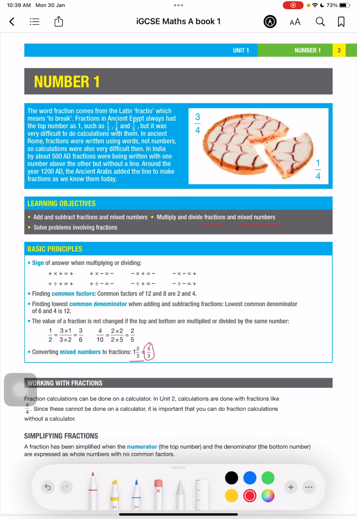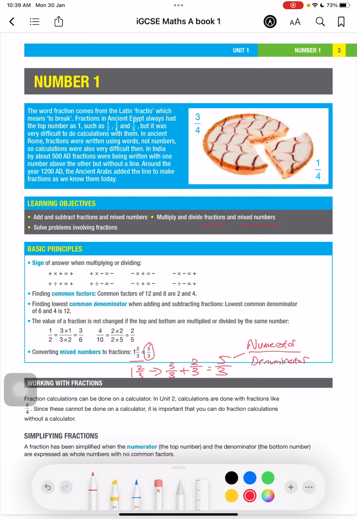Basically, from 1 full part and 2/3, you convert the 1 full part to 3/3, and add 2/3. This gives you 5/3. The top number is known as your numerator, while the bottom number is known as your denominator. That's how you go about converting a mixed number.